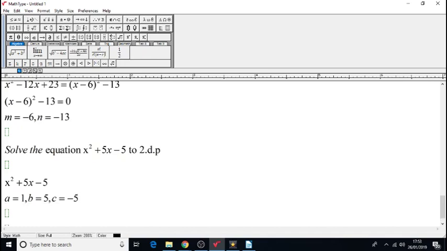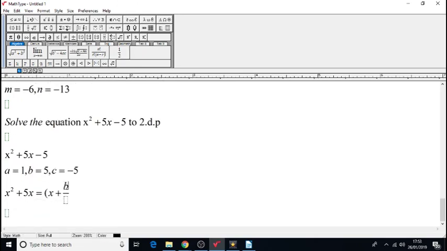So now we're going to match the initial bracket. Remember, the initial bracket is x plus b over 2. B here in this case is 5. So we're going to do x squared plus 5x is equal to x plus 5 over 2, because b is equal to 5, squared.